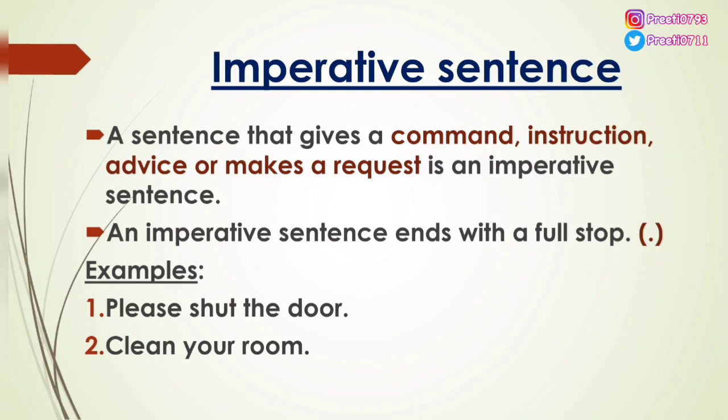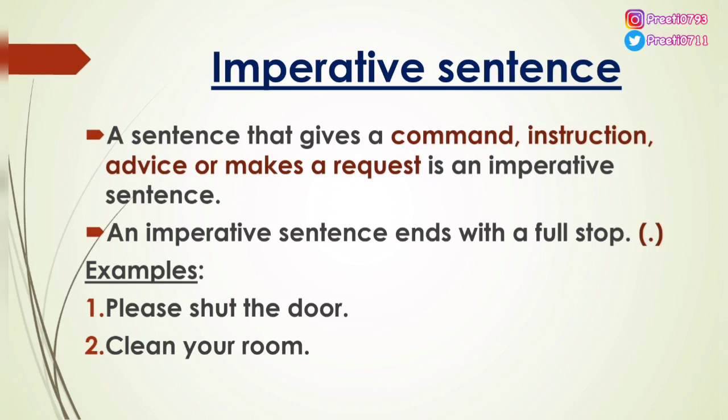Now moving ahead, the next type of sentence is imperative sentence. A sentence that gives a command, instruction, advice or makes a request is an imperative sentence. An imperative sentence ends with a full stop. For an example, if I am saying, please shut the door, please get me a glass of water, clean your room, sit properly.